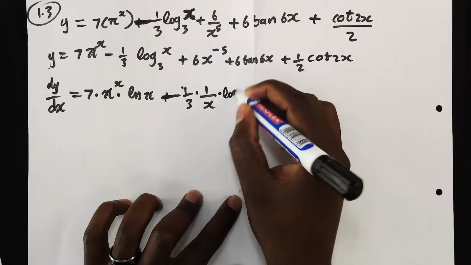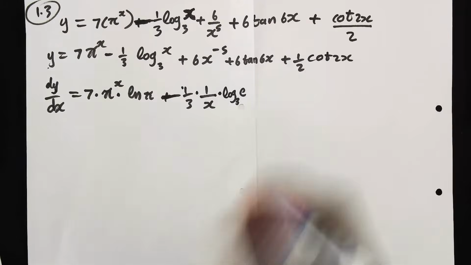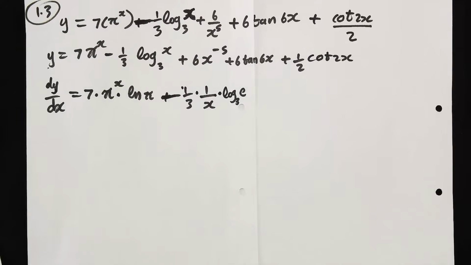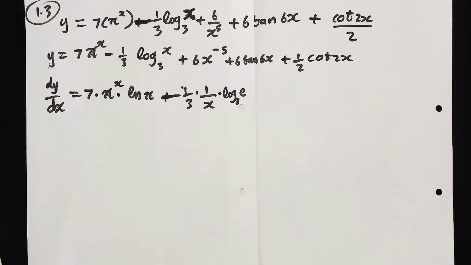And divide or multiply by log of e to the base 3, so you just replace x by e. But normally in the simplified standard formula, you just divide by ln 3, the ln of the base of the log. It's because I want you to get used to multiplying in differentiation that I'm saying multiply.